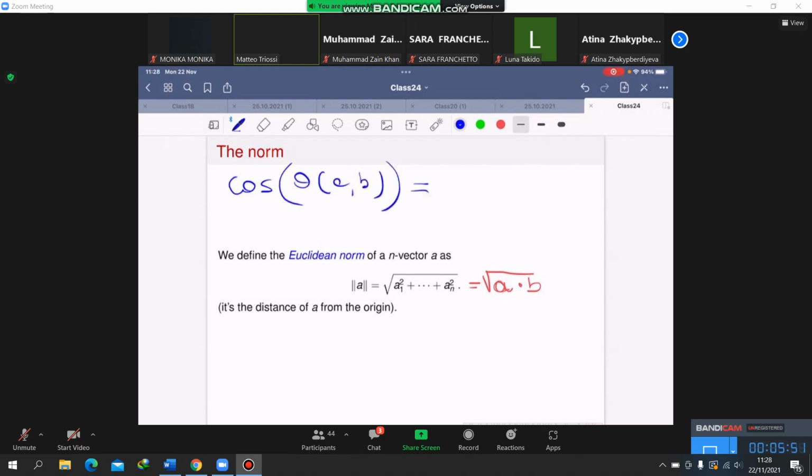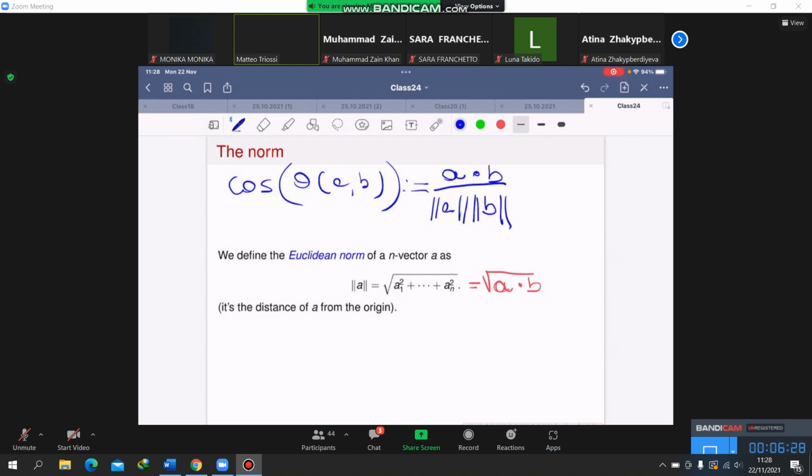It's actually the scalar product, or the inner product, of A and B, divided by the product of the Euclidean norms. This could be a definition. I'm trying simply to connect what somebody knows.